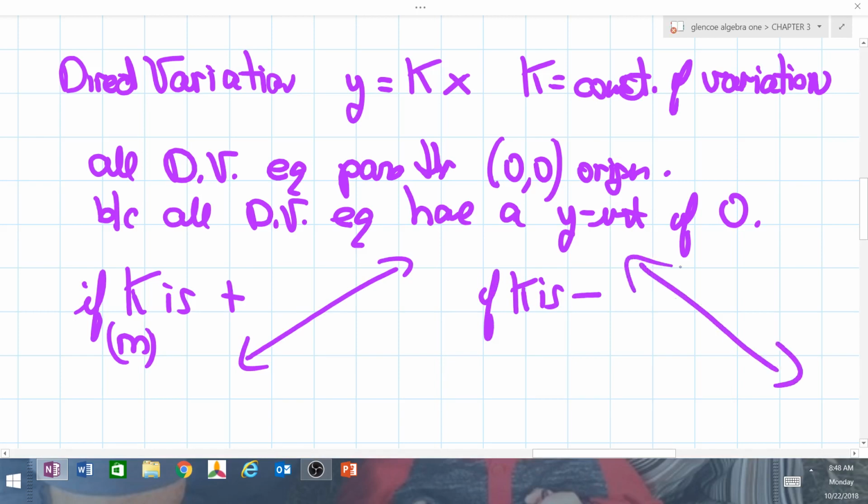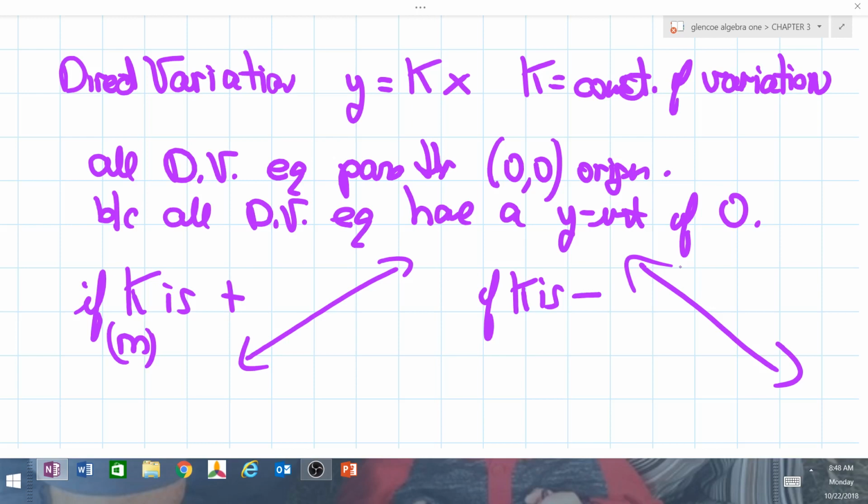So again, direct variation, y equals kx, where k is the constant of variation. All direct variation equations pass through the origin, the point 0, 0, because all direct variation equations have a y-intercept of 0. If k is positive, the line will rise from left to right.